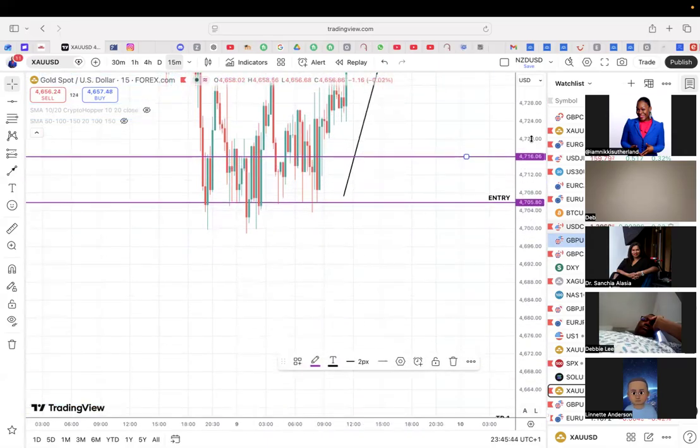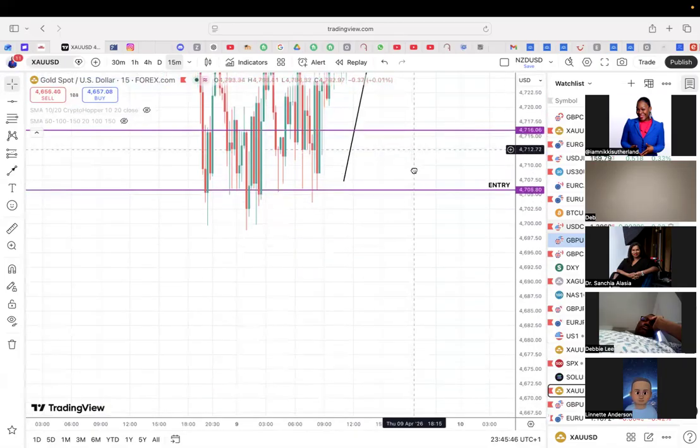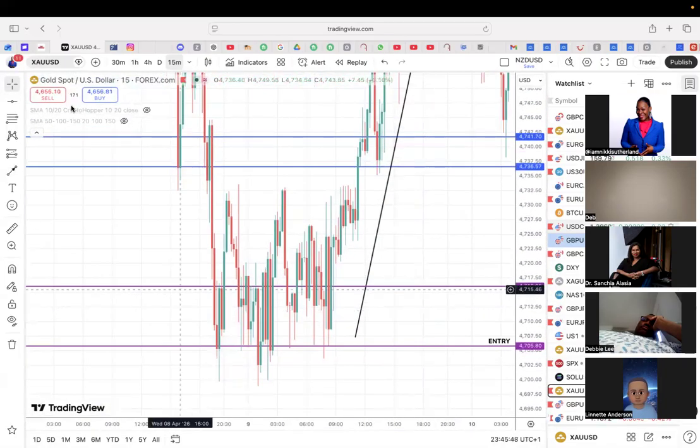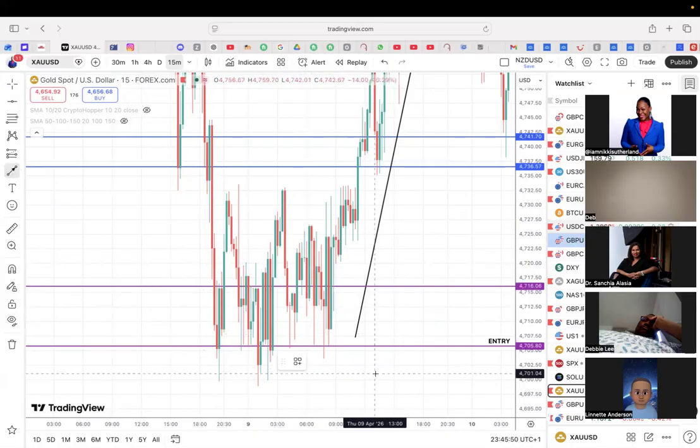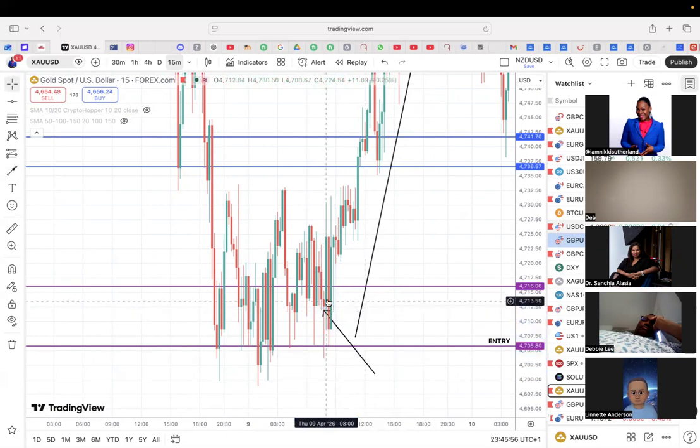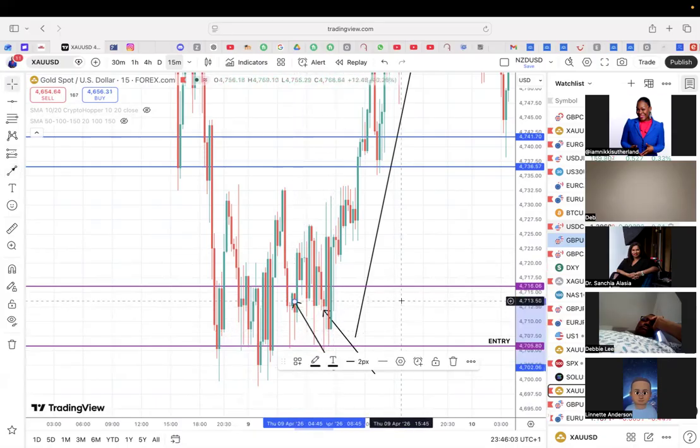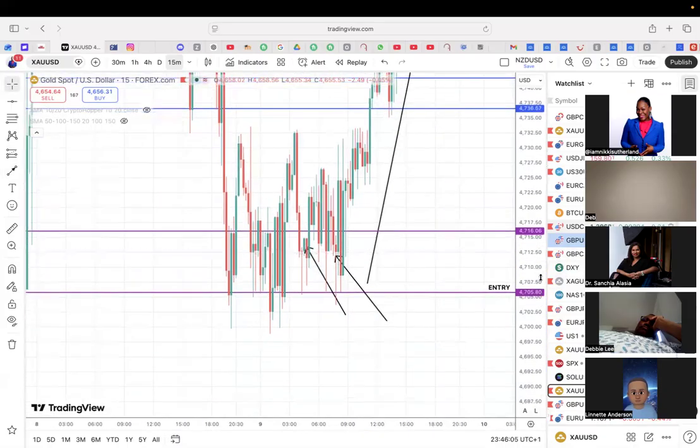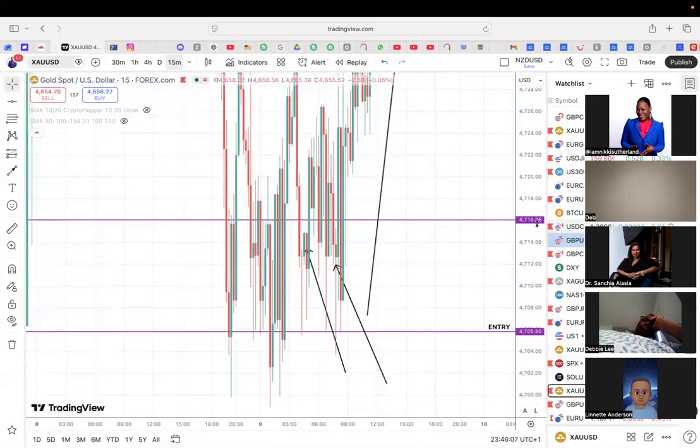Now, you might not be able to see this. I'm going to zoom in a bit, but I've chosen to look at this candle right here, this red one, and this red and green one right here. I'm going to zoom in so you can see where they end.